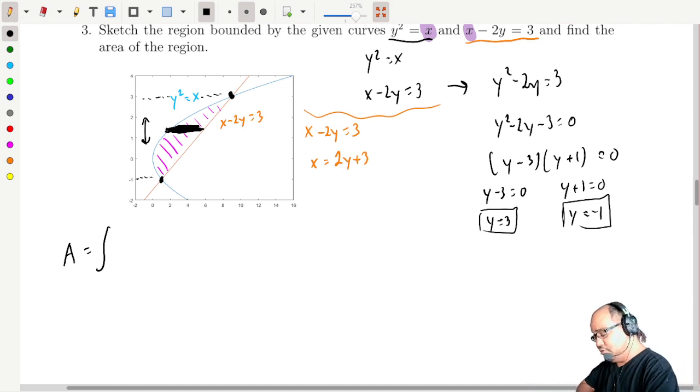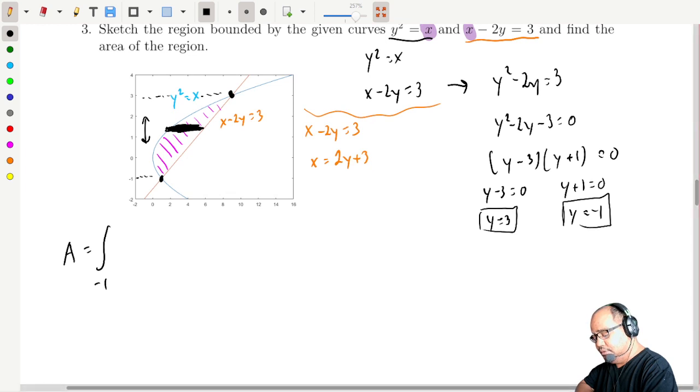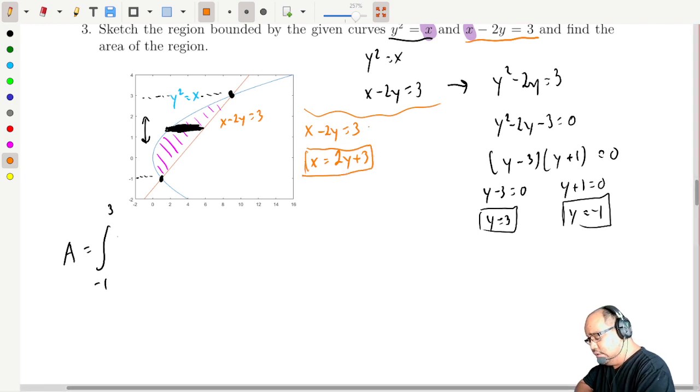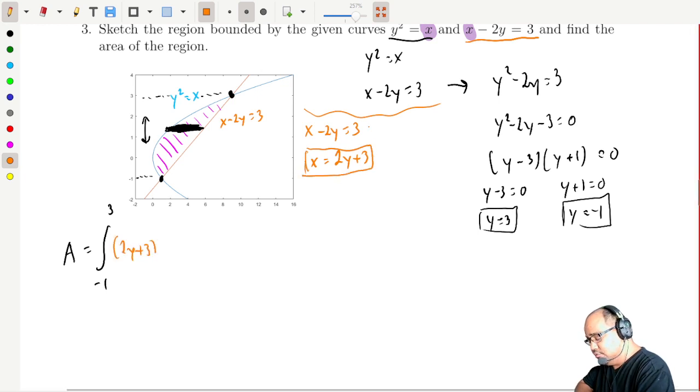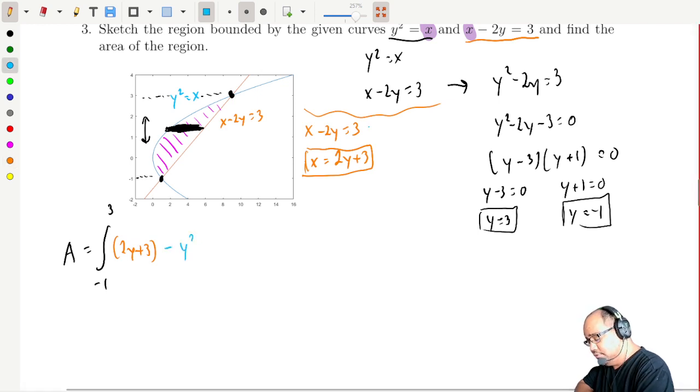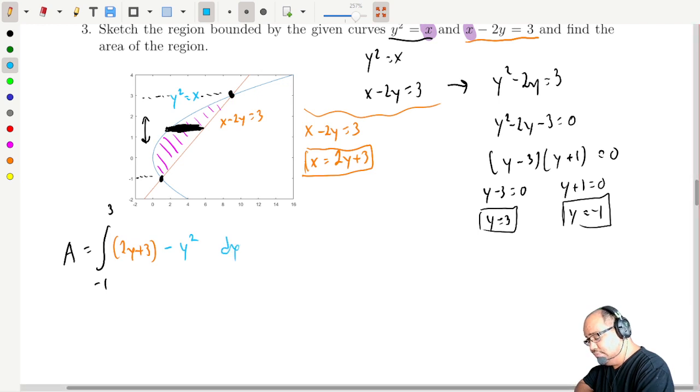Okay? So with that being said, we're going to go from our lowest y value, which is negative 1, to our highest y value, which is 3, and we're thinking right minus left. So right as a function of y, 2y plus 3, minus left, so minus y squared dy.